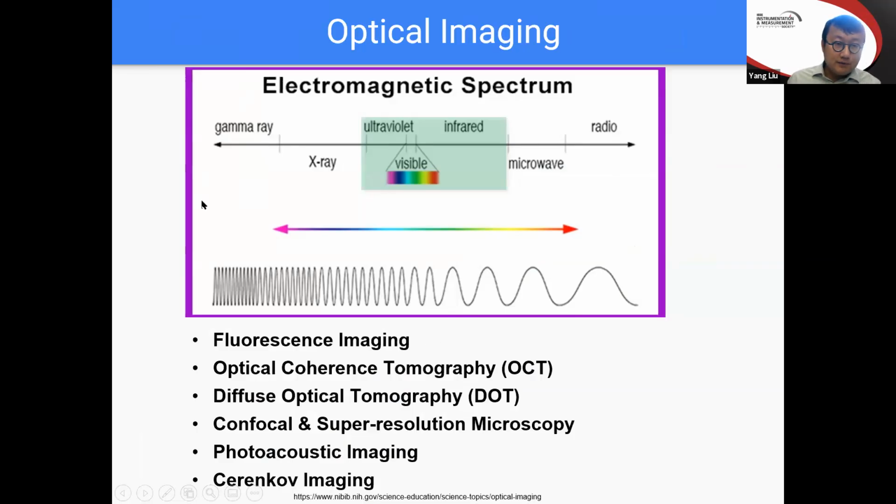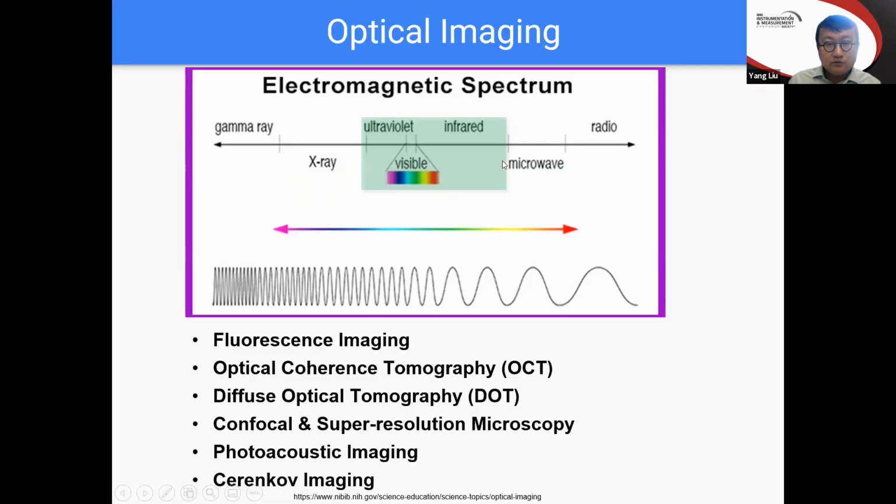Speaking of optical imaging, on the physics side, we're focusing on this bandwidth from ultraviolet to infrared. Just to refresh your memory, for PET and SPECT, you actually use gamma rays. For CT and radiography, you use X-rays.